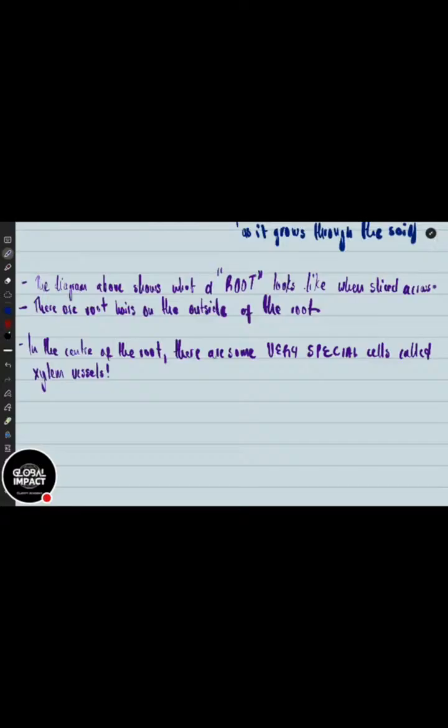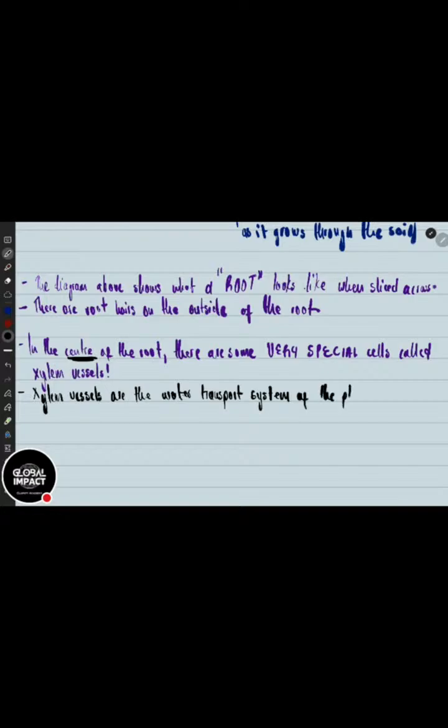At the center, xylem vessels are the water transport system of the plant.